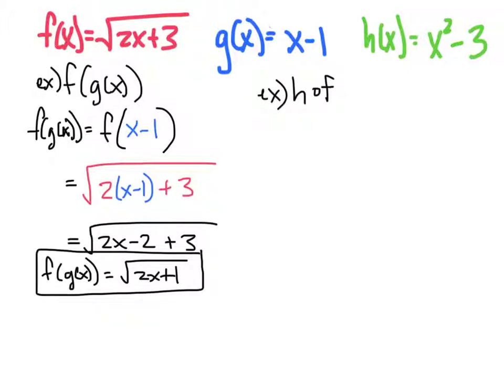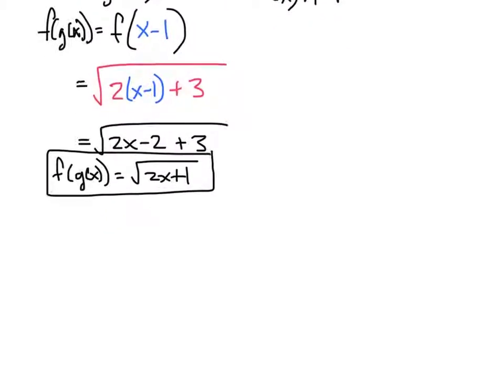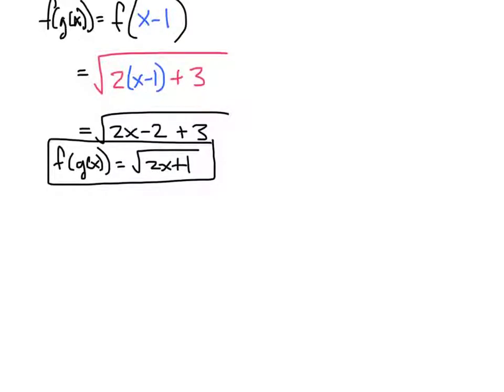Okay, now let's think about the domain here for a second. Do I have an even root here? Yes, this is a square root. So I know that I cannot take the square root of a negative number. Whatever's inside, I cannot get a negative number. So whatever this 2x plus 1 is, I need to make sure that that is greater than or equal to 0.